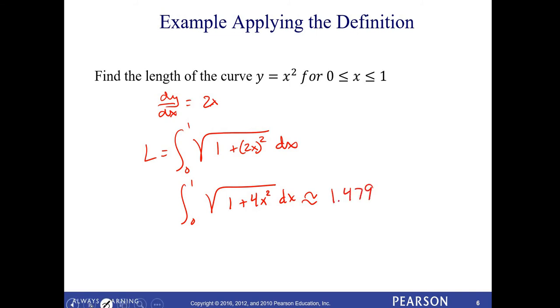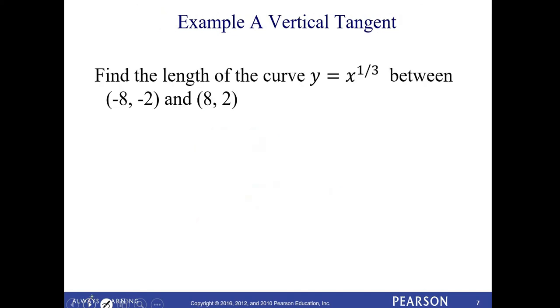All right, let's try a couple of situations that we have to do a little bit of fidgeting or fudging to get it to work. So the length of the curve y equals x to the 1/3 between (-8, -2) and (8, 2). Well, this is the cube root, so this function looks like this, and we're going from (-8, -2) to (8, 2).